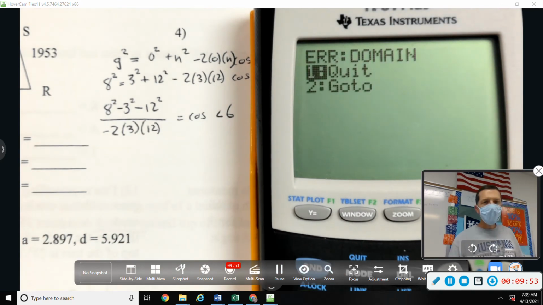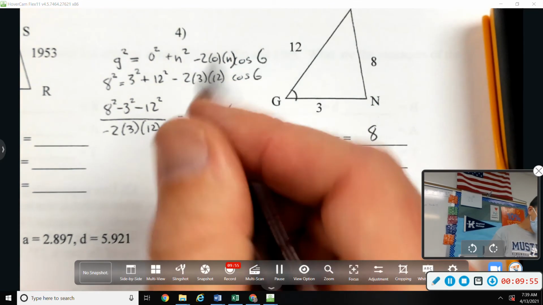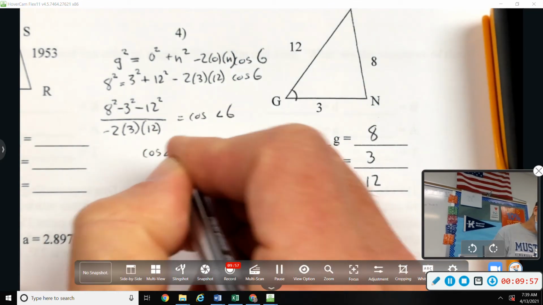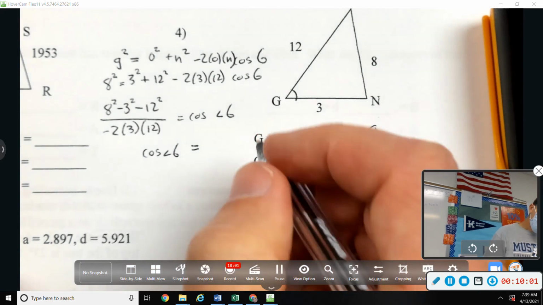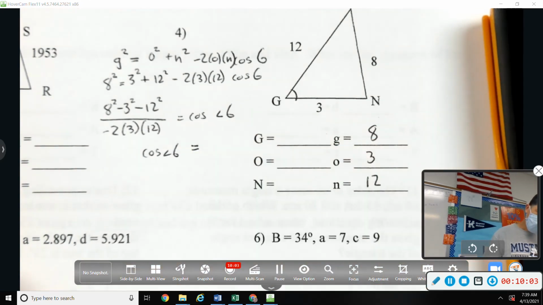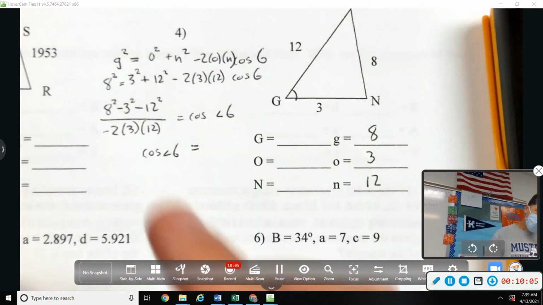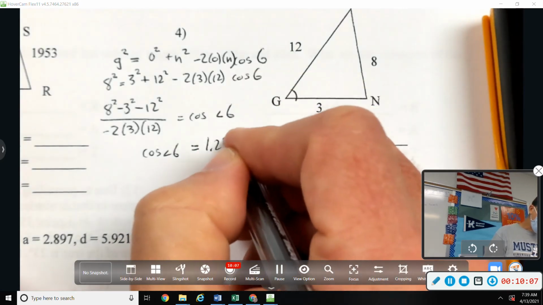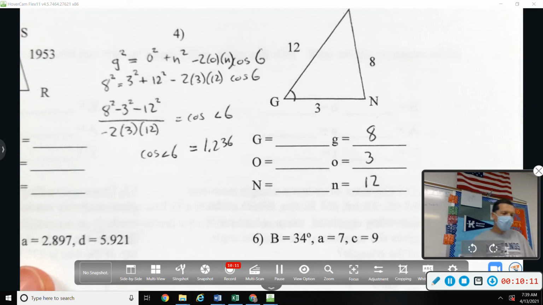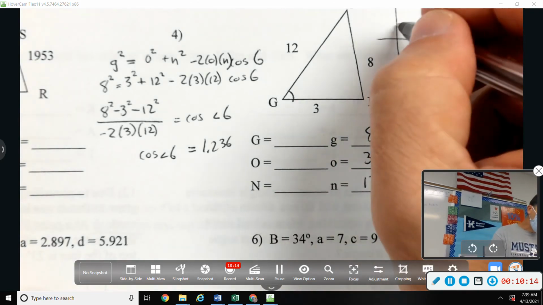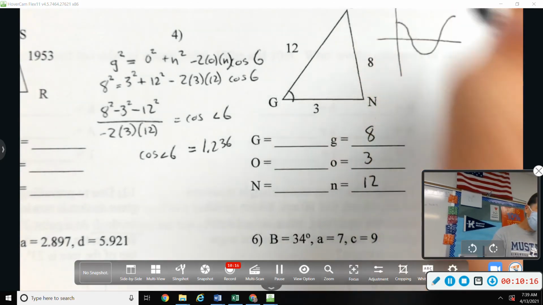Uh-oh, I get an error, because cosine of angle G was something bigger than 1, whatever 89 divided by 72 is, but bigger than 1. This is kind of the same error that the sine thing gave us. Cosine also is supposed to stay between negative 1 and 1.